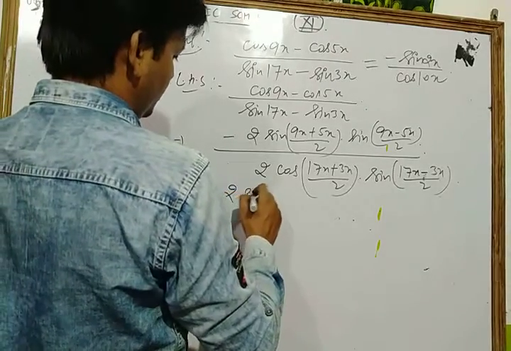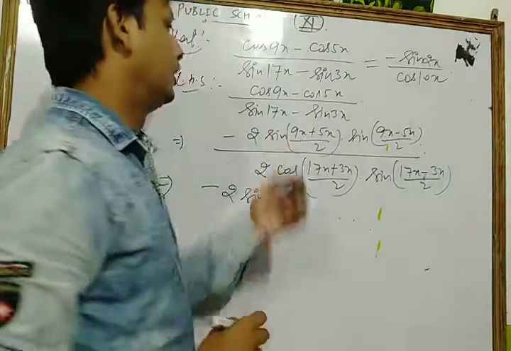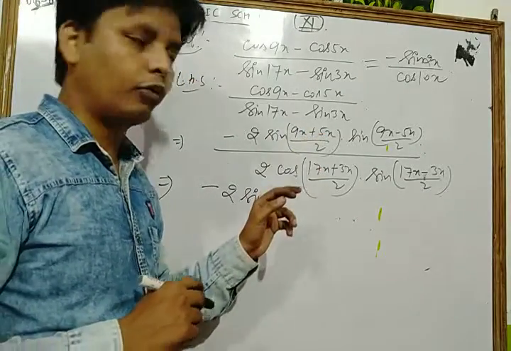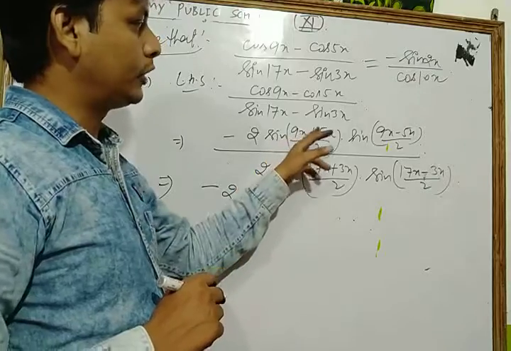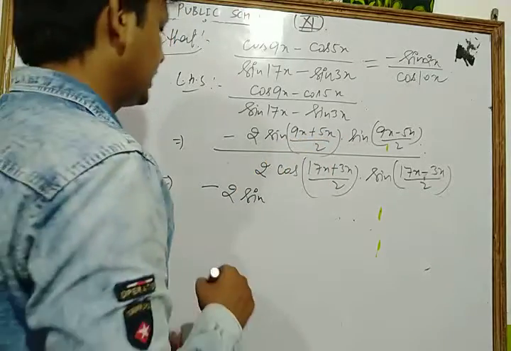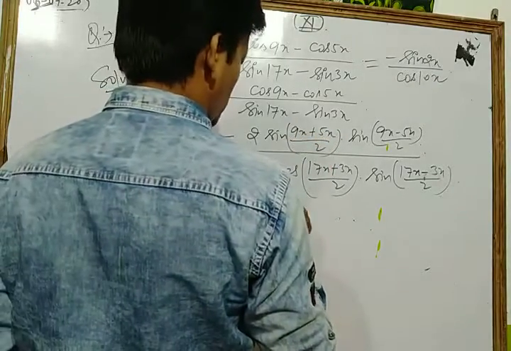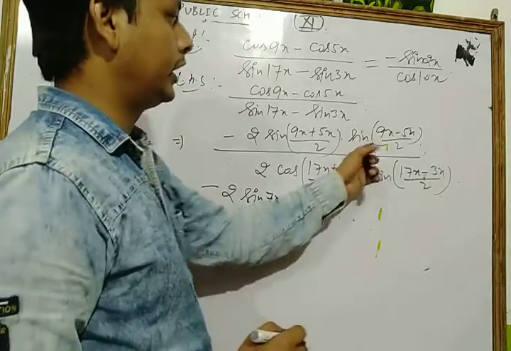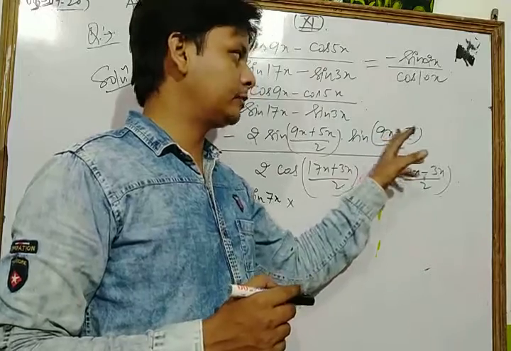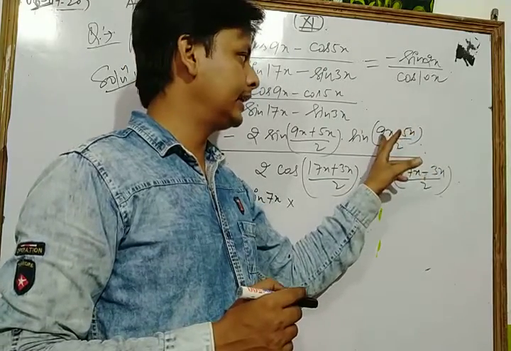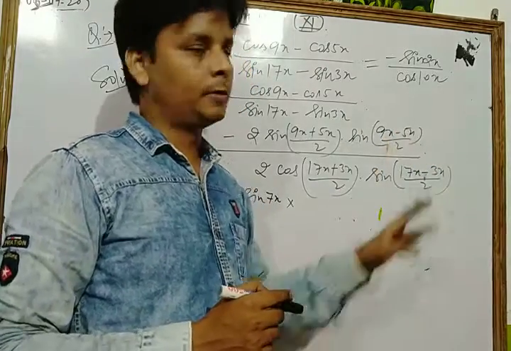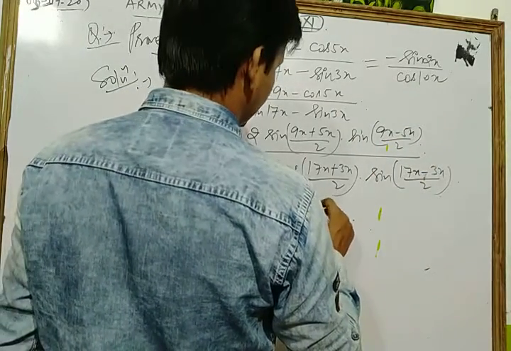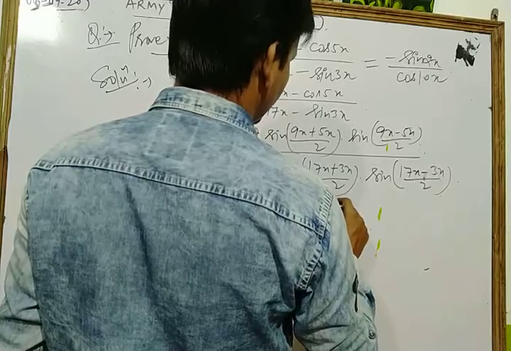Minus 2 sin of (9x plus 5x) upon 2. What do I get? 9 plus 5 is 14, 14x upon 2, that is 7x, sin 7x, into, here, 9x minus 5x, that is 4x, 4x upon 2, that is 2x. Here we get sin 2x.